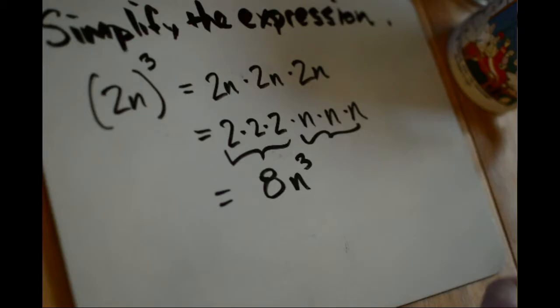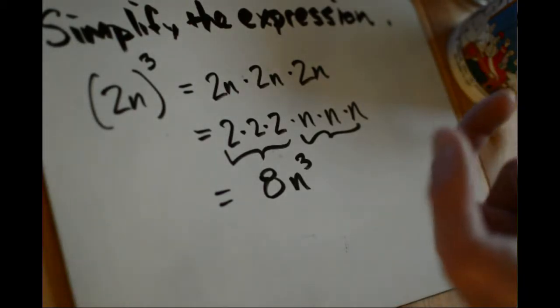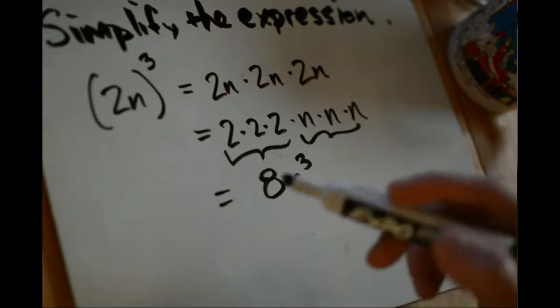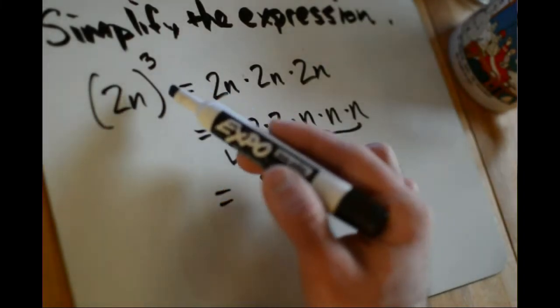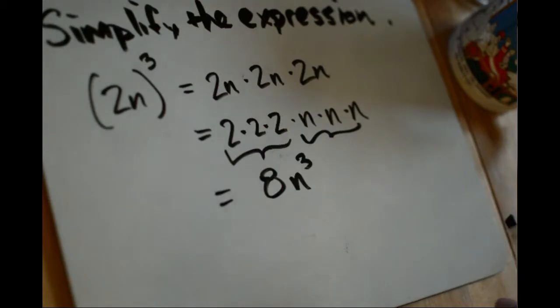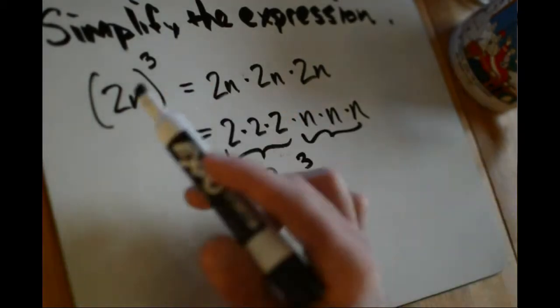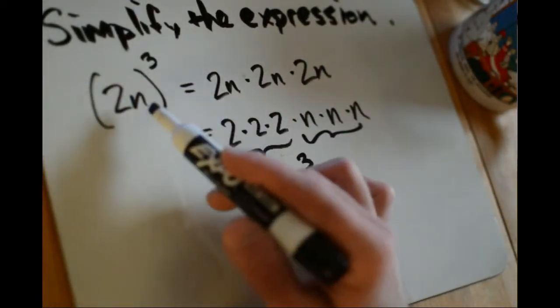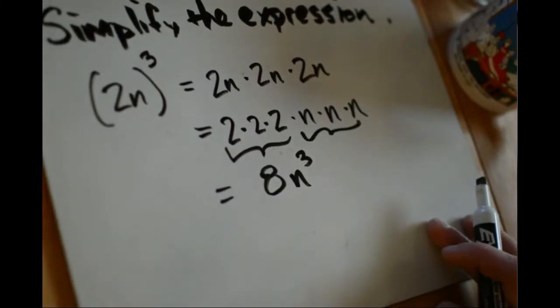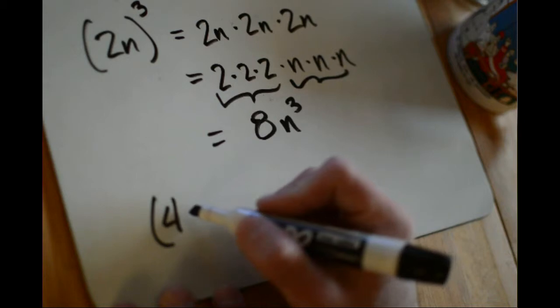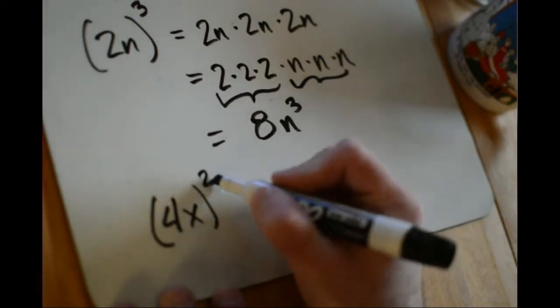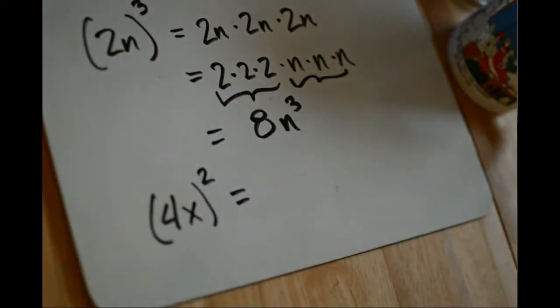So this takes me to the next important part of the power rule. If you have a term with multiple factors in parentheses being raised to a power, then every factor in there is being raised to the power. So the 2 was being raised to the third, and the n was also being raised to the third. If we take a look at one real quick, like 4x to the second power, there are actually 2 things being raised to the second power there.